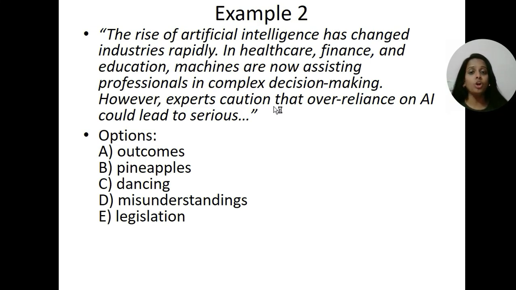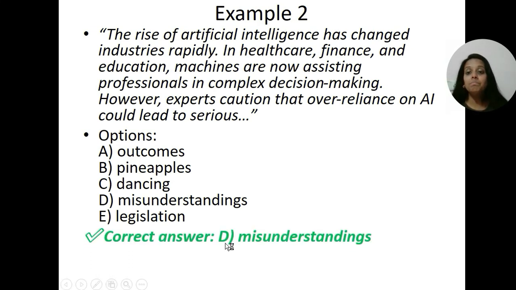However, experts caution that over reliance on AI could lead to serious, and your options are outcomes, pineapples, dancing, misunderstanding, legislation. And of course, I hope that you have guessed the correct answer. The right option is misunderstandings, because serious misunderstandings is a common phrase in formal context involving communication or technology risk.